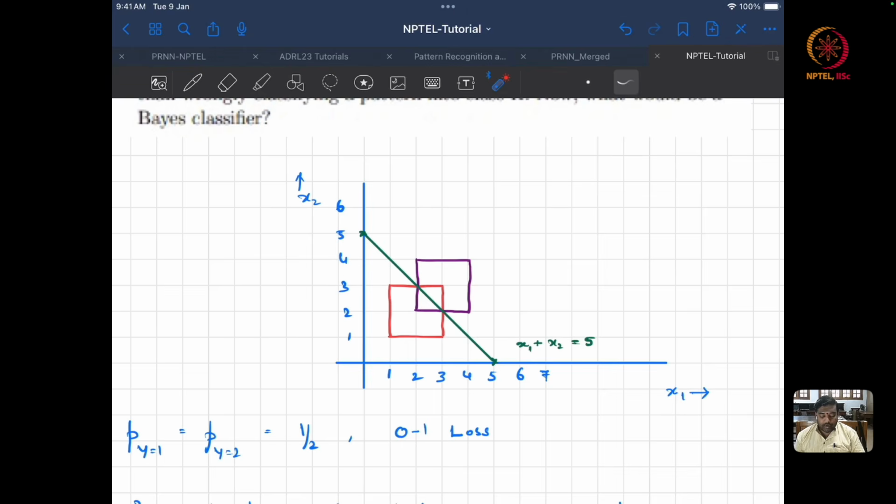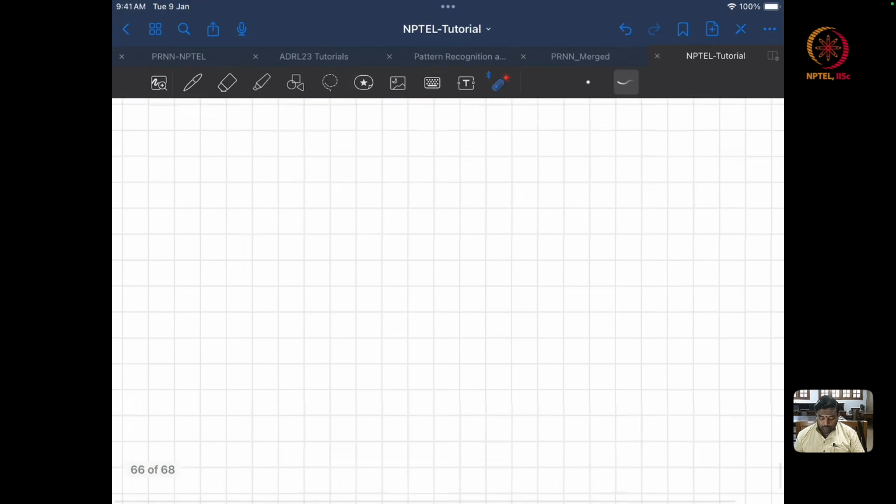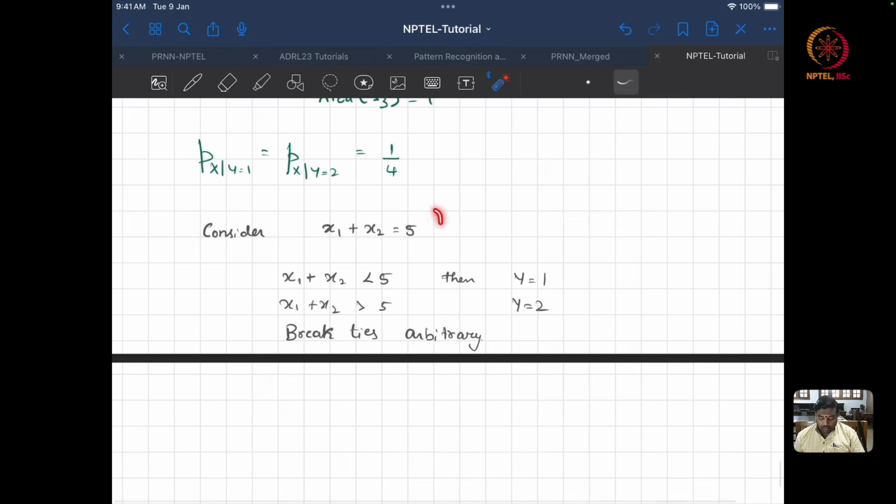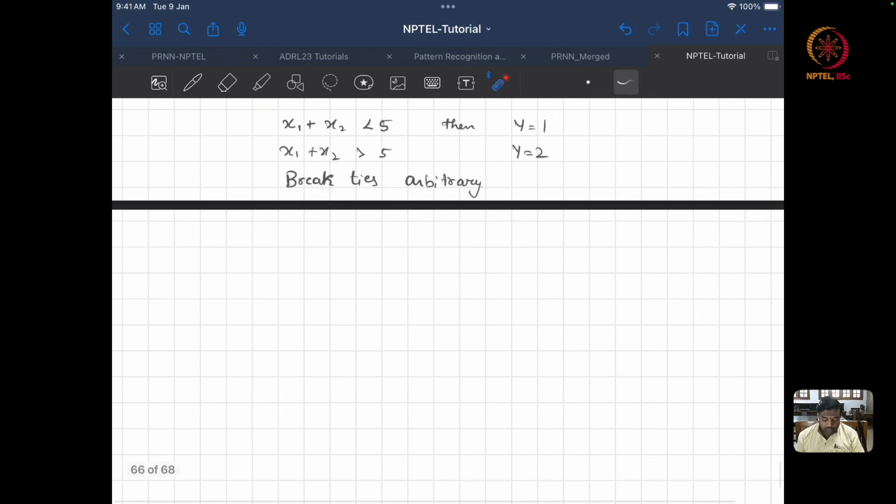Now you have to find the risk. If you want to say whether this is a Bayes classifier or not, we have to find the risk of this. Correct. So how do you find the risk of this?